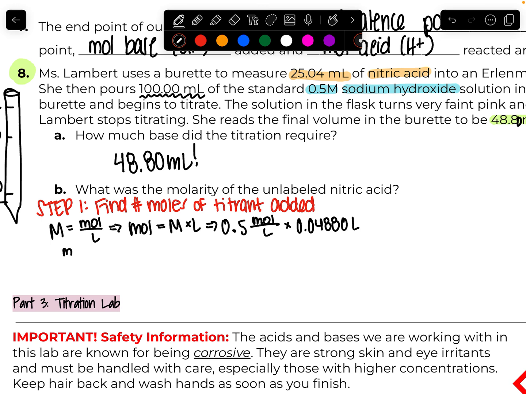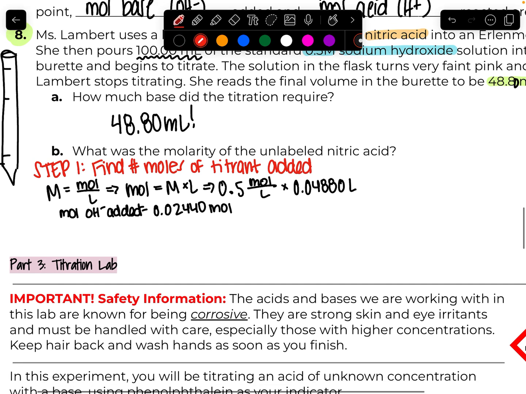Then when I solve this, my moles of OH added are equal to, putting in my calculator, I get 0.02440 moles. I'm going to try and keep as many decimals as we possibly can to make sure our answer is as accurate as it possibly can be at the end of this. Okay, so that's step 1.